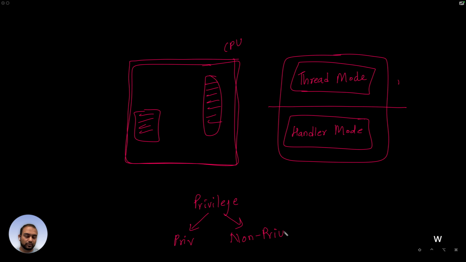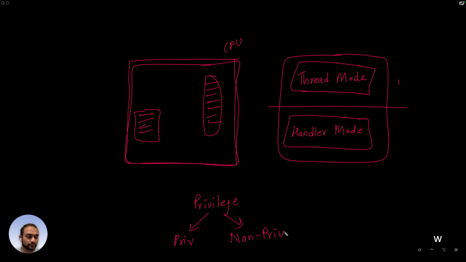Privileged means that if the code is executing as privileged code, then it can access the control, configuration and status registers. But if the code is executing in a non-privileged scenario, then it cannot access the control and status registers.